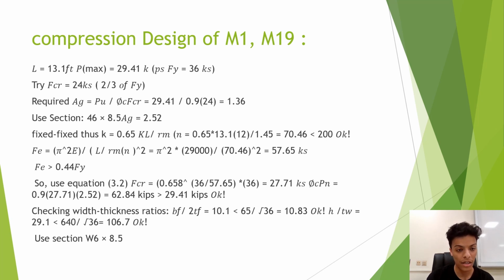For the FE, we take the formula, which is pi squared times E over (KL/Rm) times N squared. We found it to be 57.65 KSI.